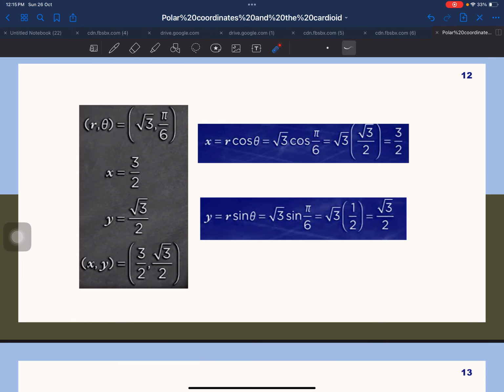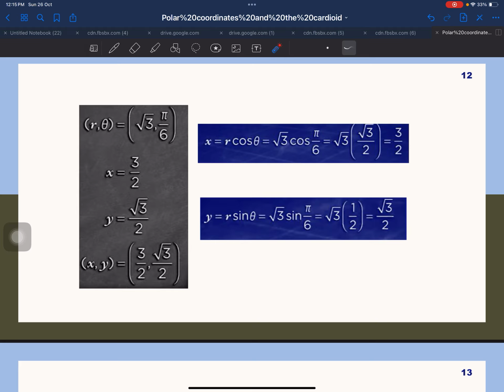So what's the x coordinate? Remember from a while ago, x is equal to r cosine theta. So let's use that equation. It's the square root of 3 times cosine of pi over 6, since our r is square root of 3 and theta is pi over 6. So we plug the values into the formula: square root of 3 cosine pi over 6.